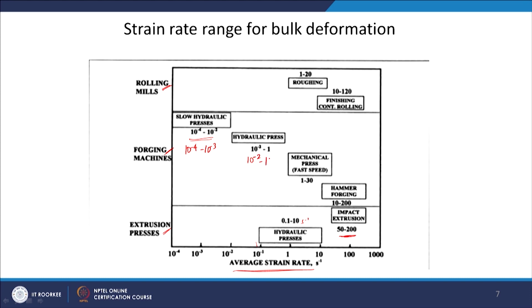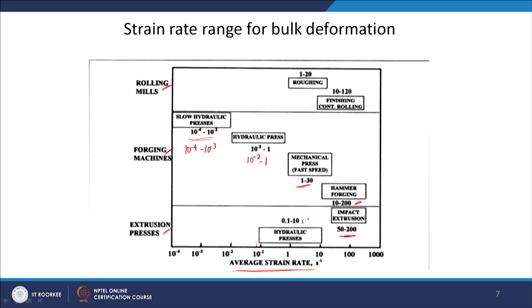Then there are mechanical presses, which I think must be using some cam or gear arrangement. So, these are not hydraulic. In mechanical presses you can achieve higher speeds, and the strain rate is in the range of 1 to 30. Then there is hammer forging. Under the gravity force, a hammer is dropped on the material, and the strain rate is in the range of 10 to 200 per second.